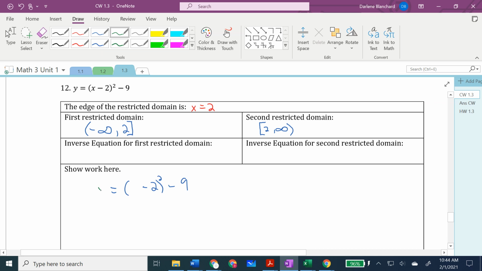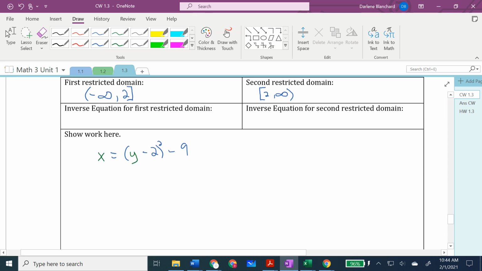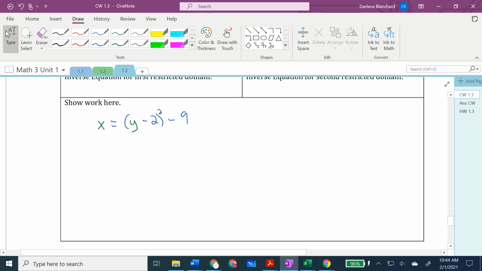I would put an x where there was a y and a y where there was an x. Then my job was to isolate the y. And this is the idea of just how do you solve an equation. To isolate this y, I need to undo the weakest operation, which is subtraction.